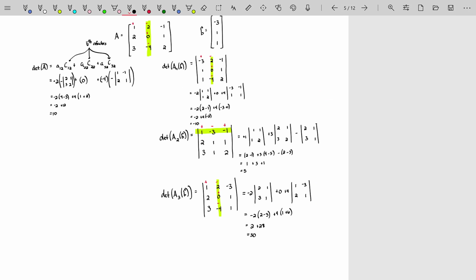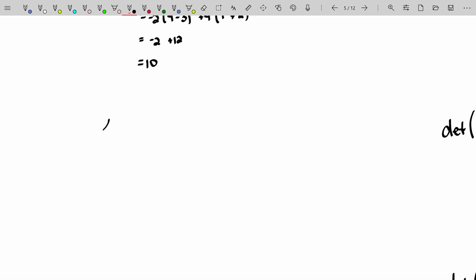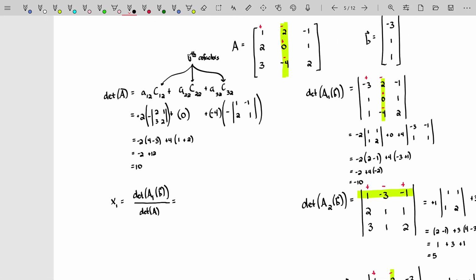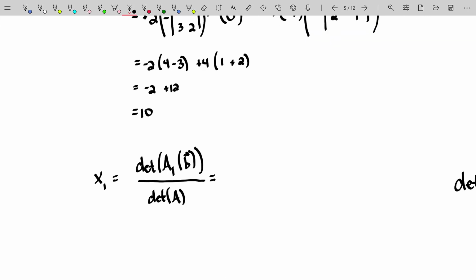Now it's time to actually showcase how we get solutions using Cramer's rule. By Cramer's rule, x sub 1, remember our vector x has 3 entries, x sub 1 will be the determinant of A sub 1 of b divided by the determinant of A. Let's see, determinant of A sub 1 of b is -10 and determinant of A is 10.